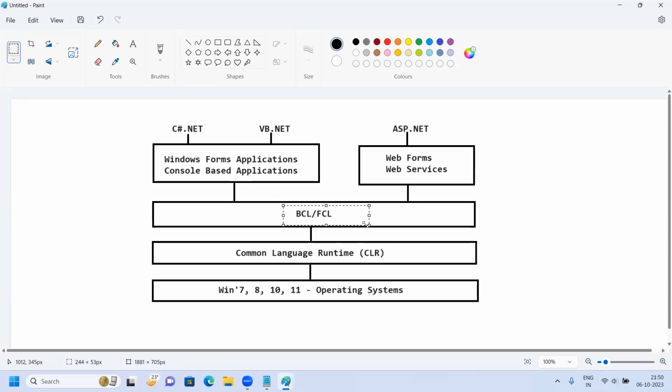Same teacher teaches A section, same teacher teaches B section. And who gave this teacher? School gave the teacher. In our example, BCL, FCL. Who gave? Microsoft gave.